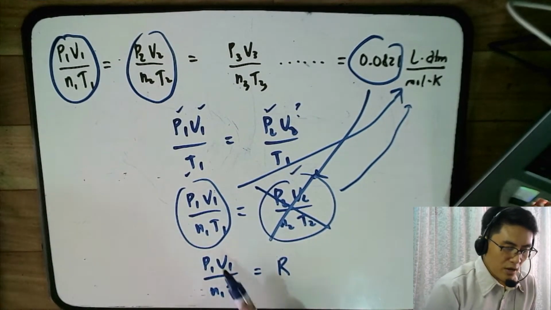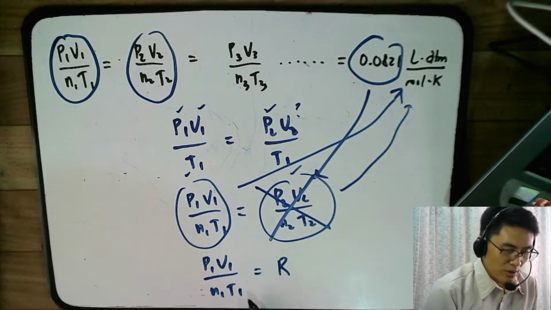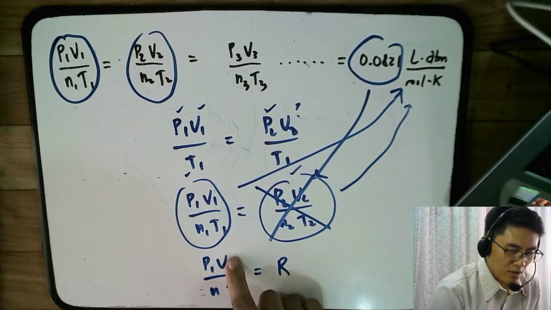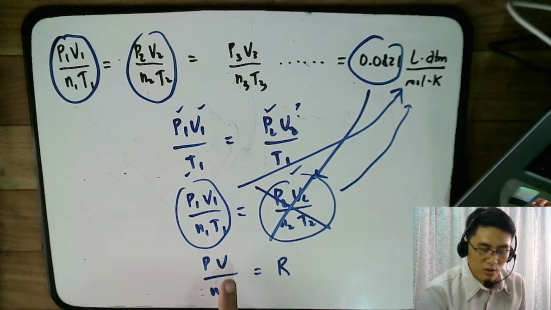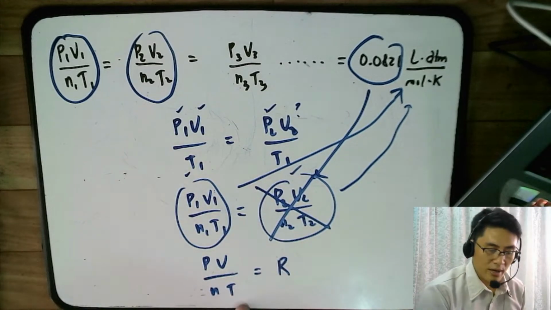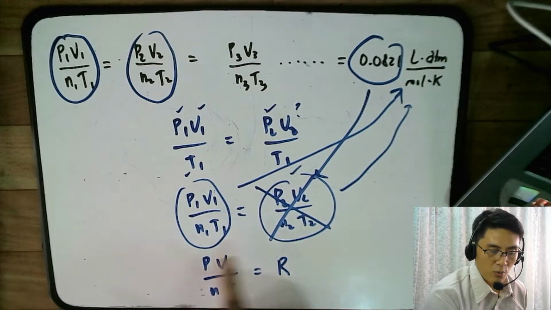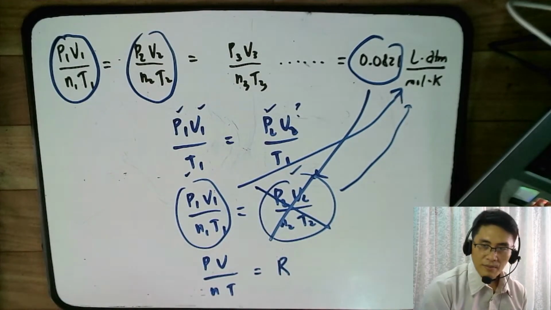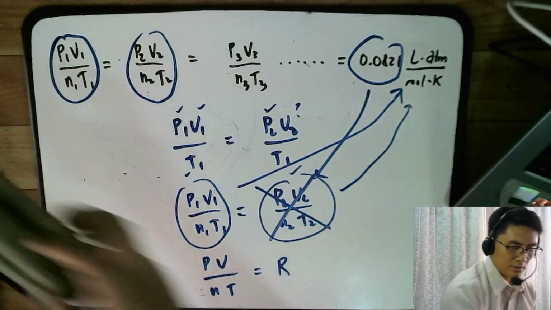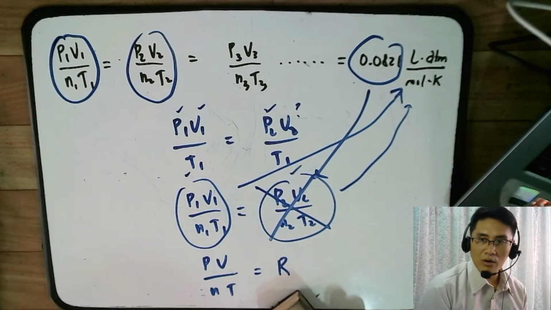Because we now only have one P, one V, one N, one T in our equation, it doesn't make sense to label them as one. We now have the equation P times V over N times T is equal to R, the gas constant.